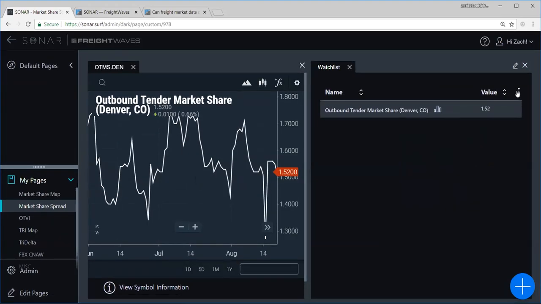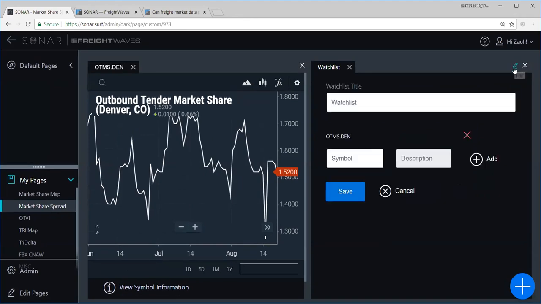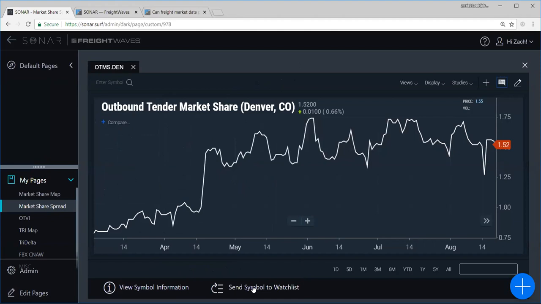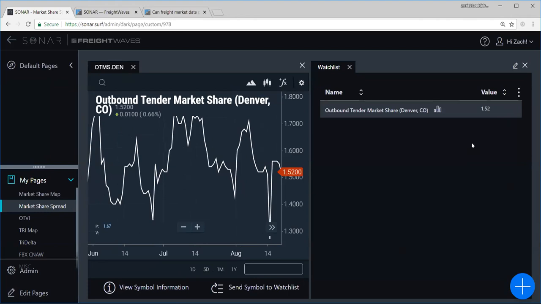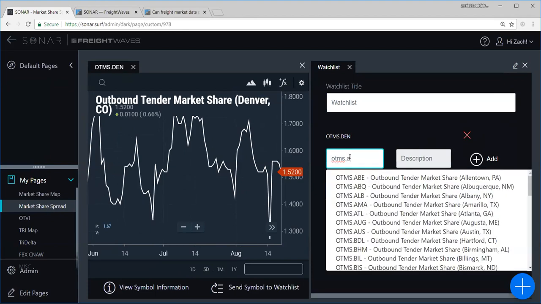And if you don't mind illustrating that really quick, I think we have one more question here. Yeah. So once you've created the watch list, as you saw at the bottom of the chart there, if I wanted to create an outbound tender share watch list, I would simply add that value to it, go up here to this little drawing number, and start entering OTMS dot whatever.